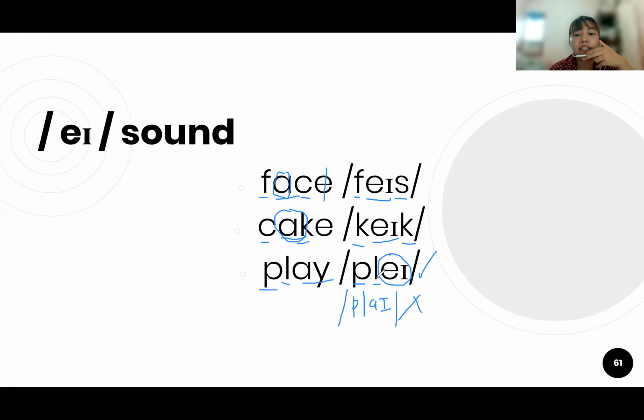When you transcribe it using the I diphthong, it is not read as play, it's ply already. So that is the transcription for the word ply. For example, 2 ply, 3 ply mask. So this is the transcription of that word. But if you mean play, this is the correct transcription.